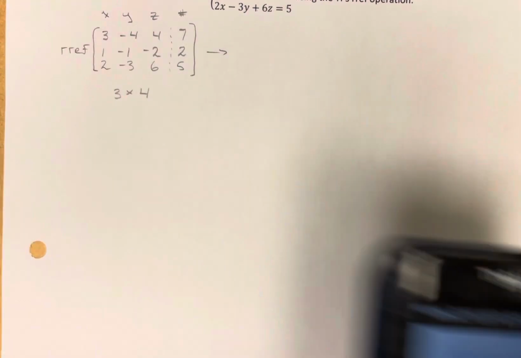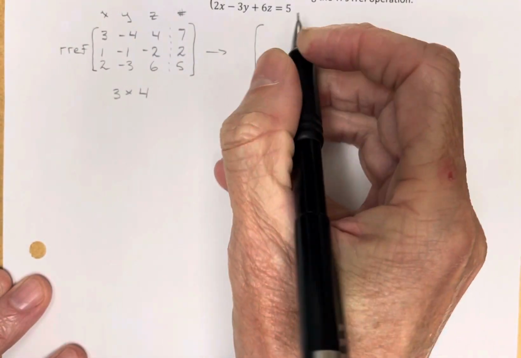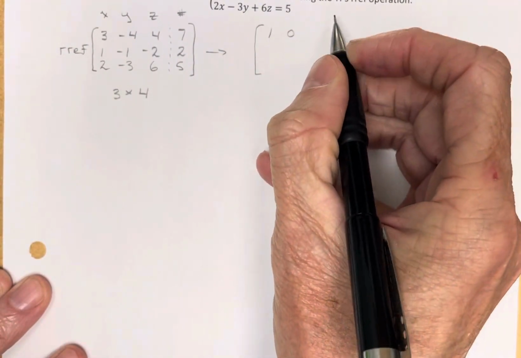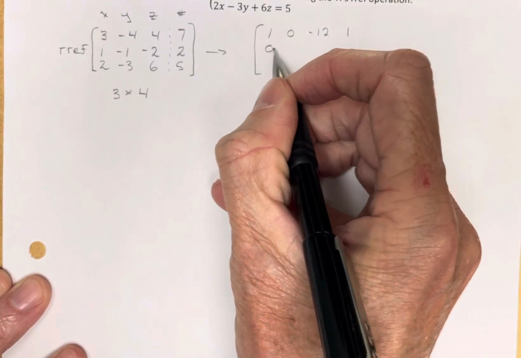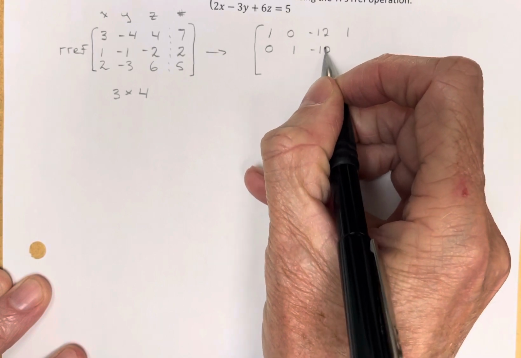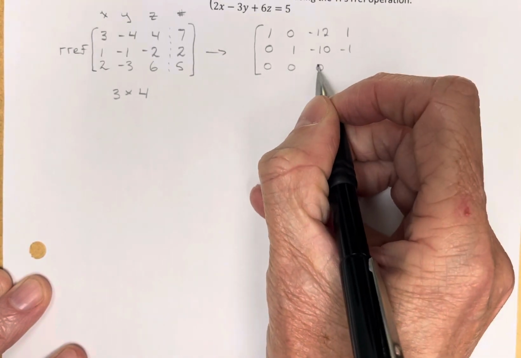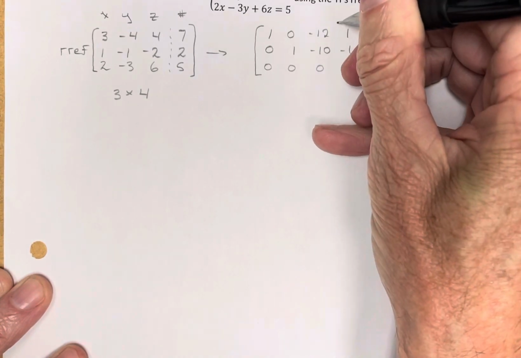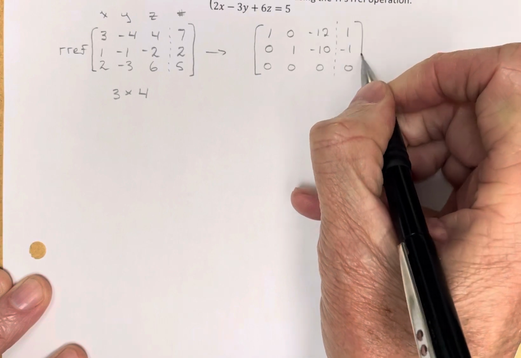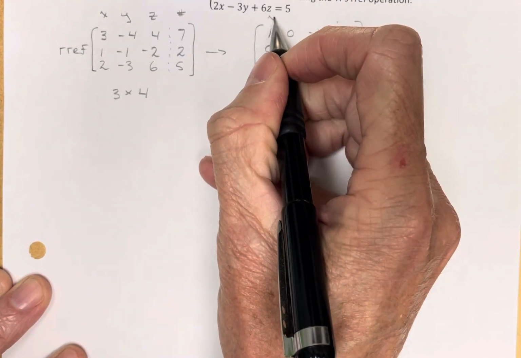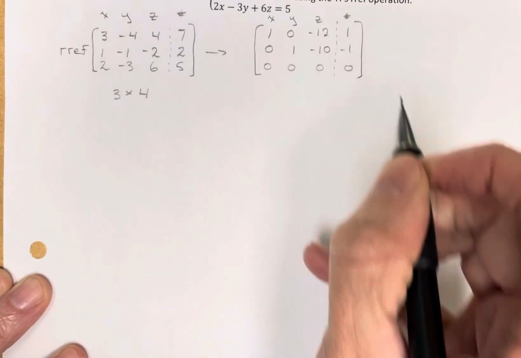Let's write that down. So I'll use my notes, and what came out of this was a 1, 0, -12, and a 1, a 0, a 1, a -10, and a -1, and a 0, 0, 0, 0. Let's just separate these with a dashed line so it's a little easier to read. Let's recall that this is the X column, the Y column, the Z column, and the number column.